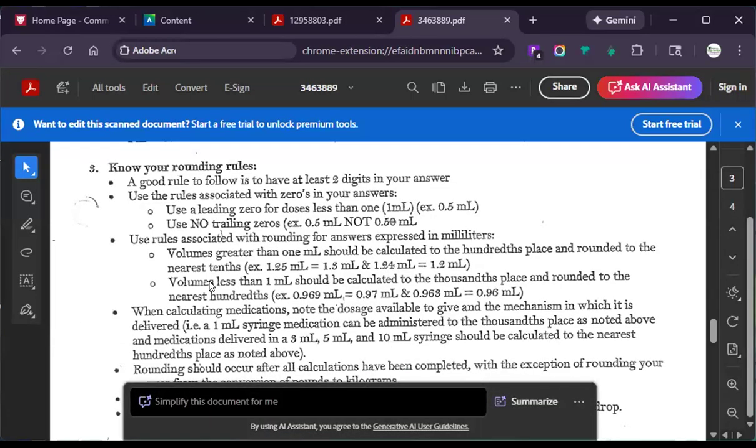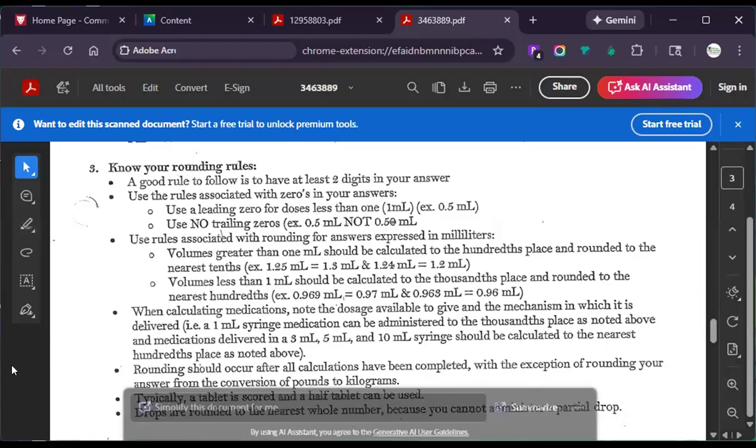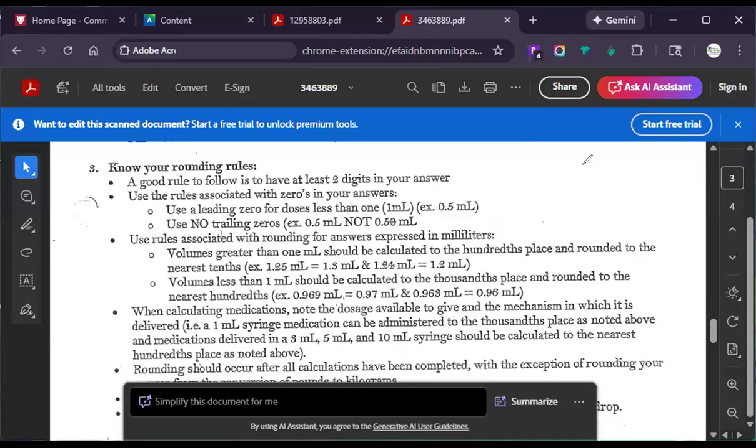If we get a volume less than 1 milliliter, and we're going to see examples of that with the reconstitution questions, then what we want to do is round to the nearest hundredth. Okay. So let's say in this example, this is just a bad example, like the 0.969. Actually, hold on, I'm going to write here. This is a better example.